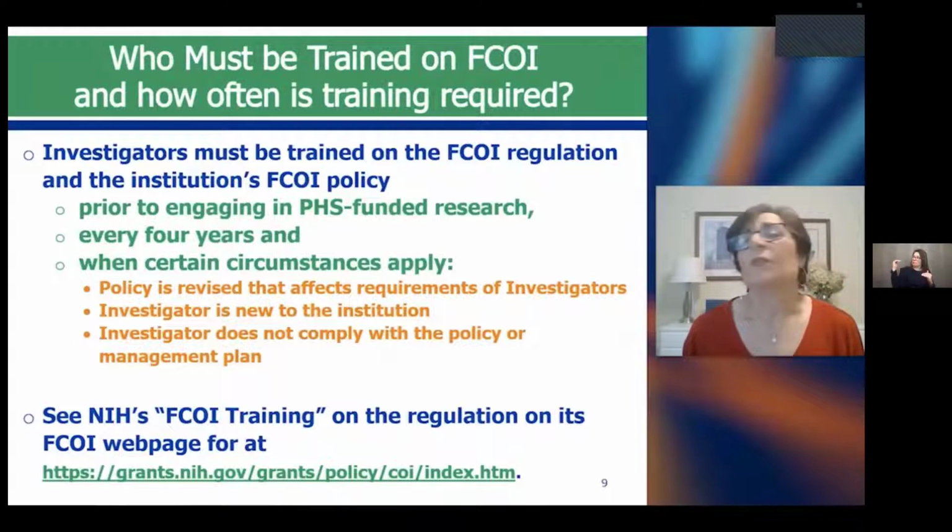So again, the regulation states that individuals that meet the definition of investigator must be trained on the regulation and the institution's policy prior to engaging in PHS or public health service research, every 4 years, and when certain circumstances apply, such as the policy is revised in a way that would affect the investigator's responsibilities, an investigator is new to the institution, or if an investigator does not comply with the policy or the management plan.